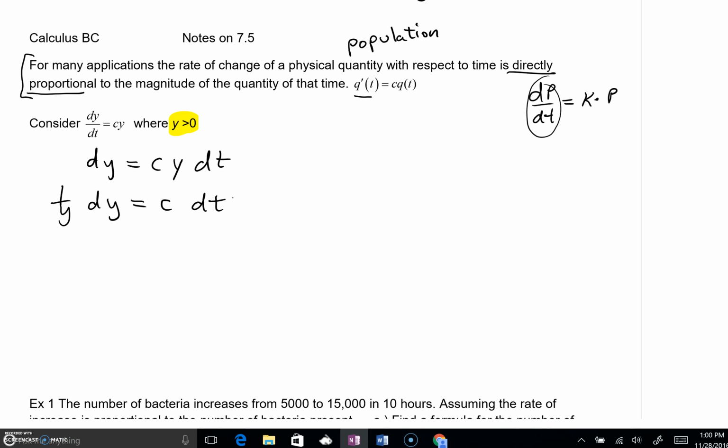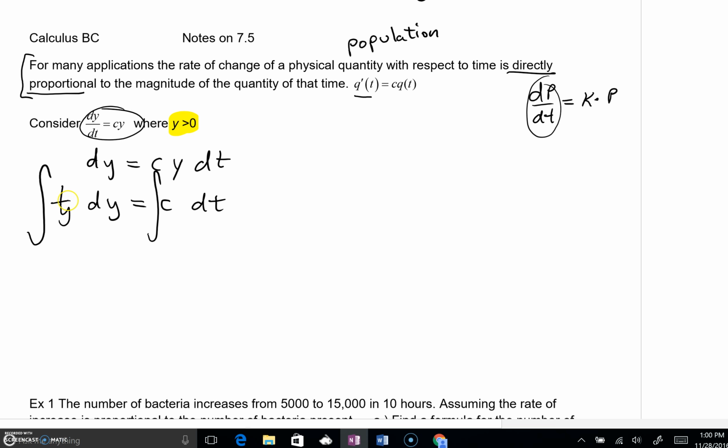What I've just done is I've taken my original differential equation and I have separated the variables. Anything with a y I have gotten on the left side. Anything that didn't have a y I left on the right. You can think, well, for what purpose? Well, ultimately, when you solve a differential equation, you would like to solve for what function of y would this be true. So I'm going to integrate both sides.